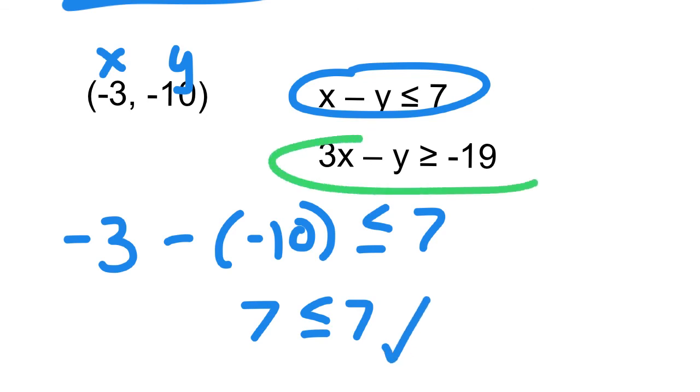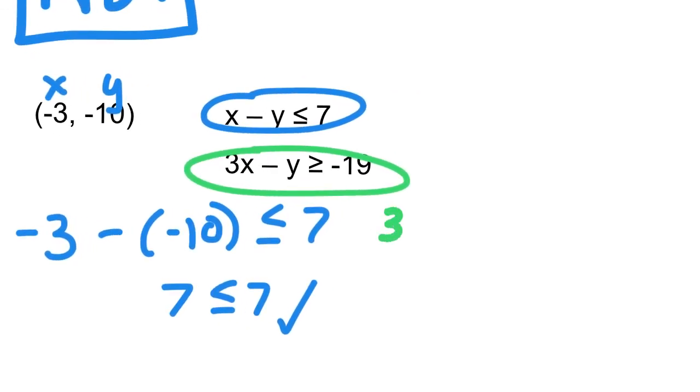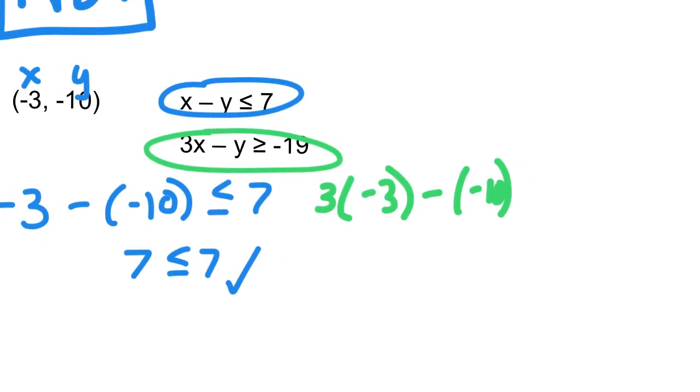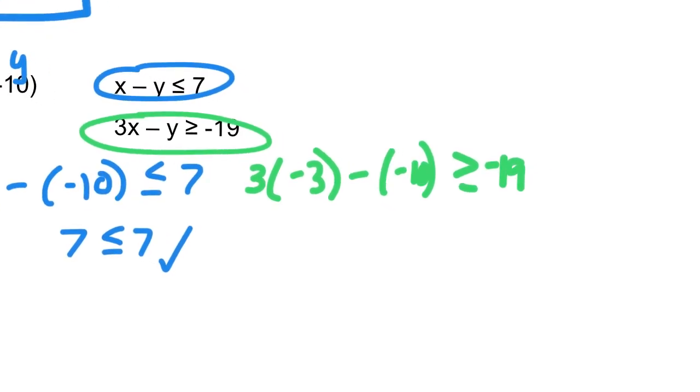Let's try the next one. We have 3 times x, which is -3, minus y. Y is -10, so it's minus -10 is greater than or equal to -19. So that would be -9 plus 10 is greater than or equal to -19.